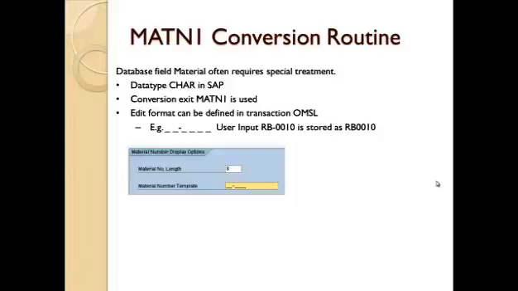So the user can easily enter the information material number that is very familiar to them. But internally, the material number is stored without the dash. Okay, so internally, number is stored as RB 0010, and of course, that is considered a character data value as opposed to a number.